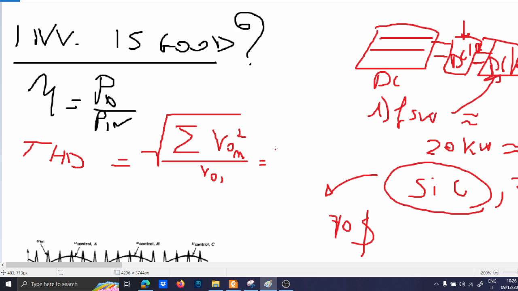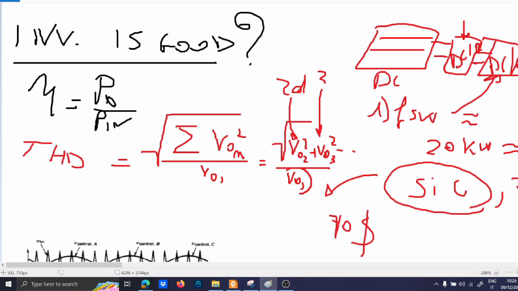So basically it is the square root of V_o2 squared plus V_o3 squared, and so on. So you take the second harmonic, the third harmonic, and you divide by the first, the fundamental harmonic.